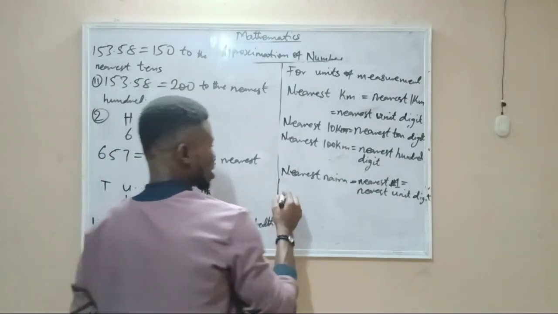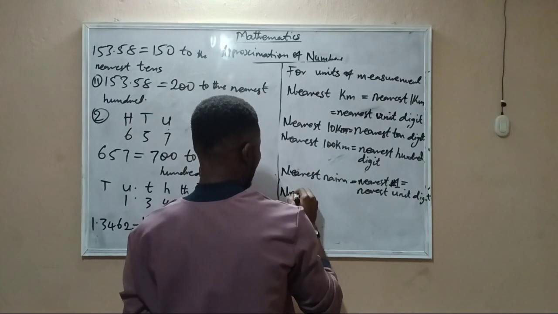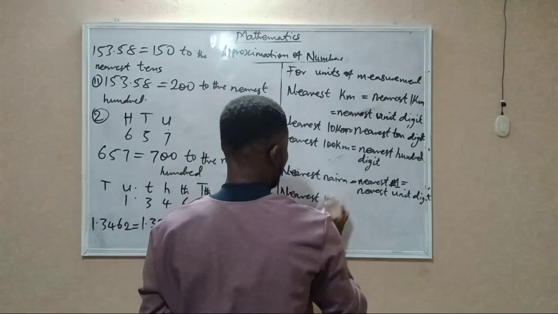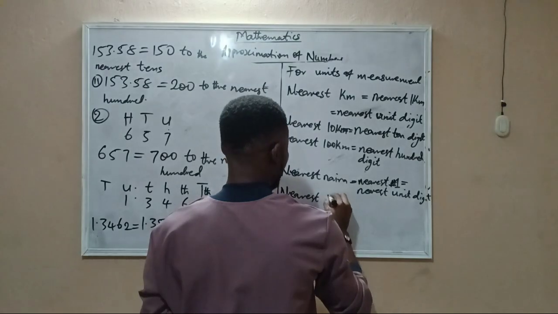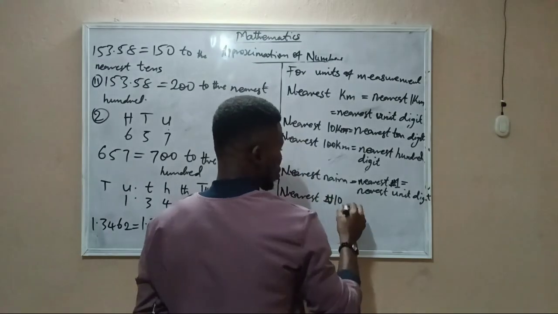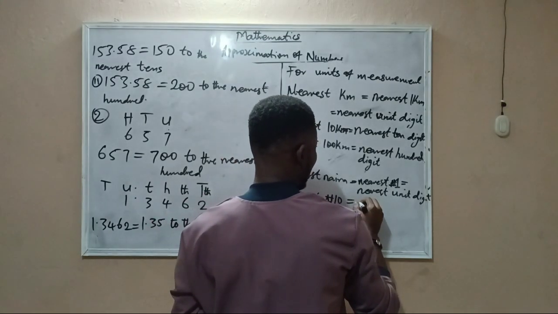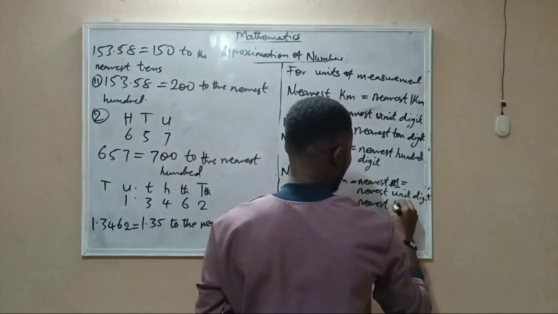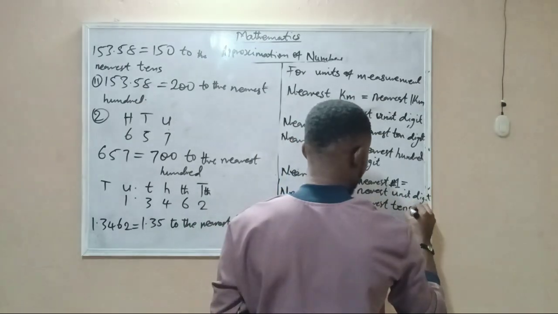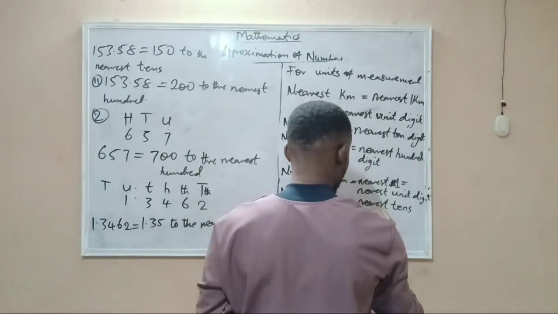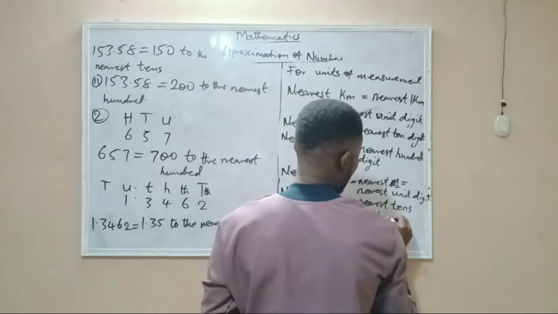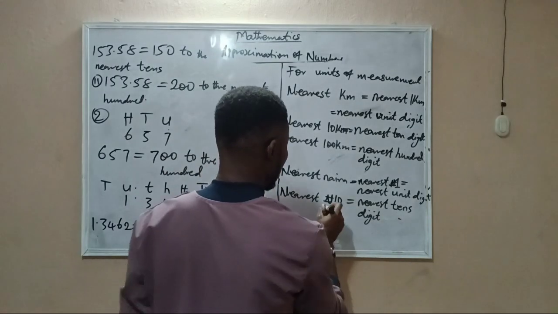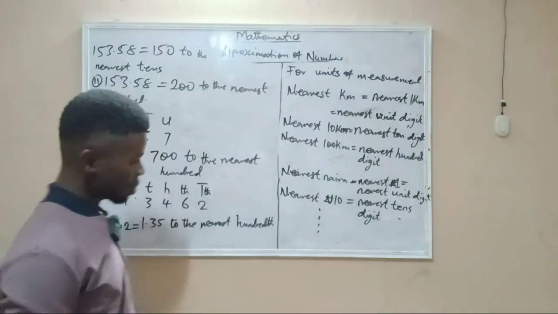Now, nearest 10 naira is equal to the nearest 10th digit, and so on and so forth.